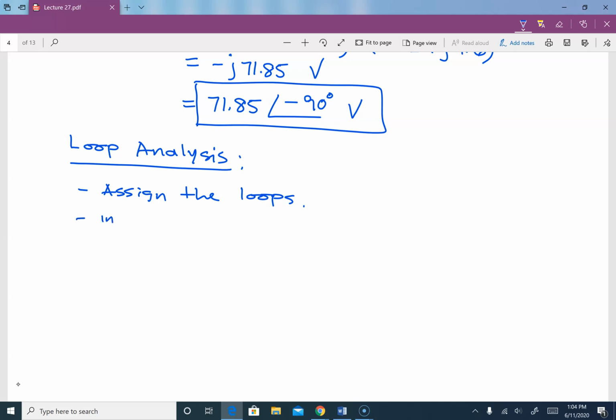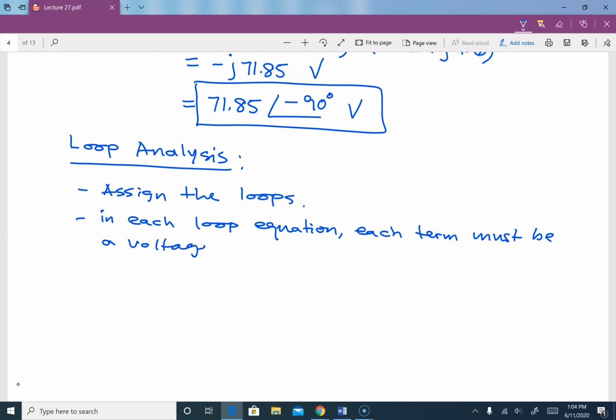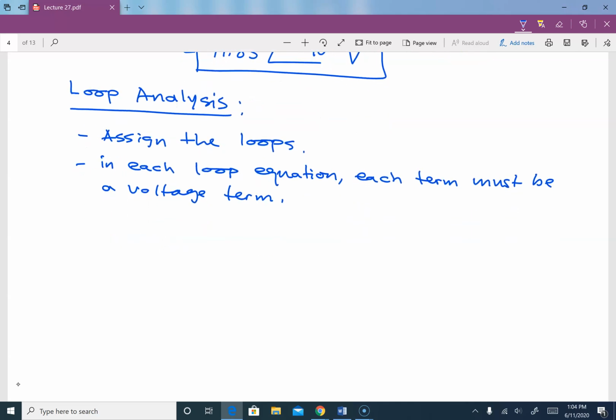And in each loop equation, each term must be a voltage term, because you cannot mix voltages and currents in the same equation. You can't do that. So let us go over an example here.